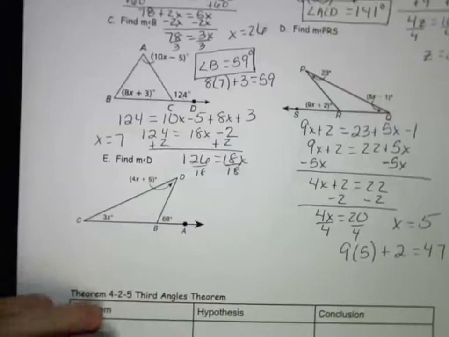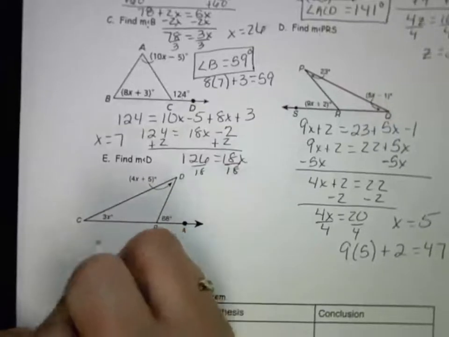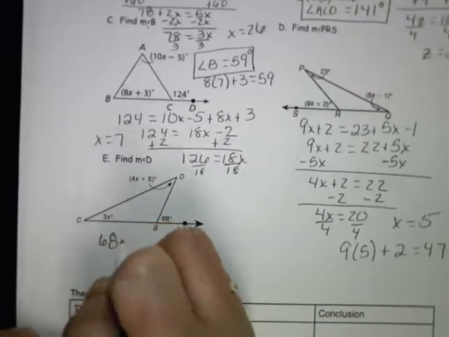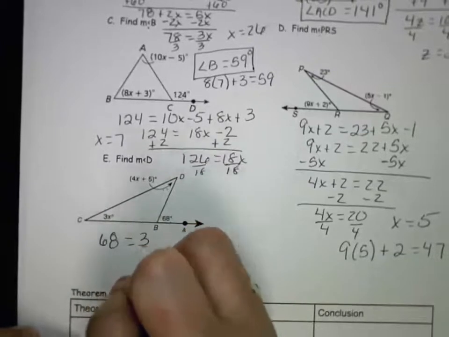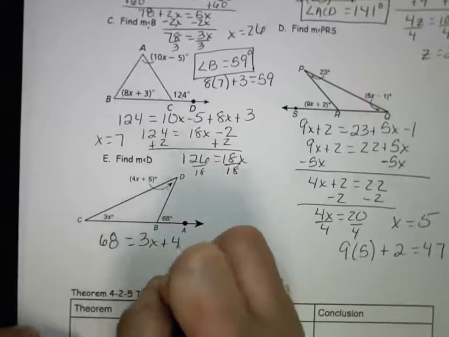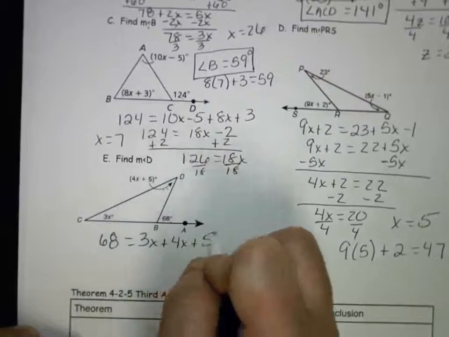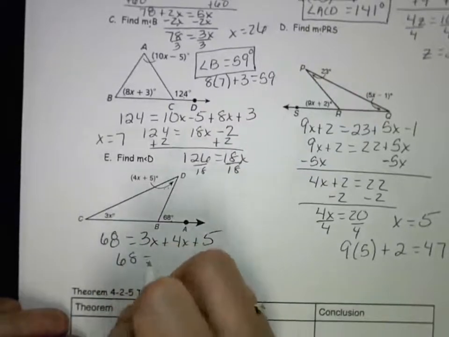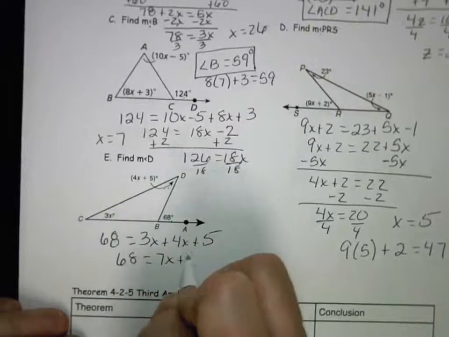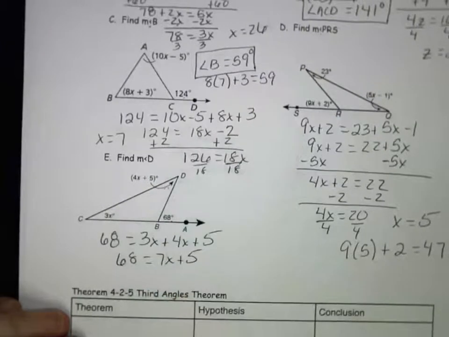And letter E, exterior angle, 68, equals the sum of the remote interior angles, 3x plus 4x plus 5. So that becomes 68 equals 7x plus 5.